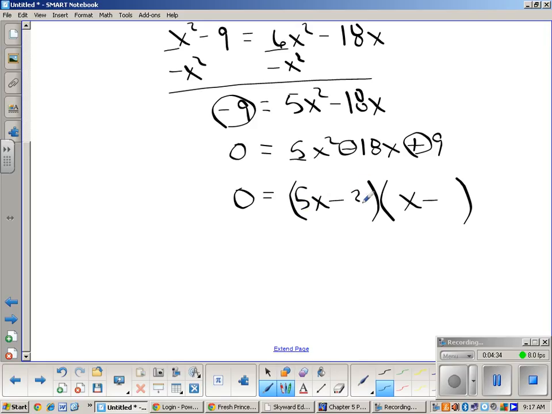And the nice thing is 3 and 3 work, so it really doesn't matter where they go. The outside two, if I test it, 5x and negative 3 is negative 15x. And the inside two is negative 3x. And negative 15x and negative 3x add up to negative 18x. So it did factor.